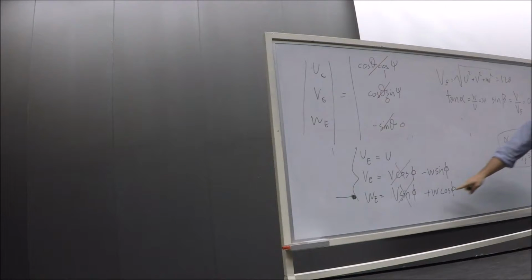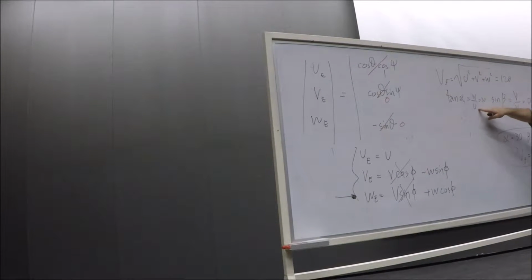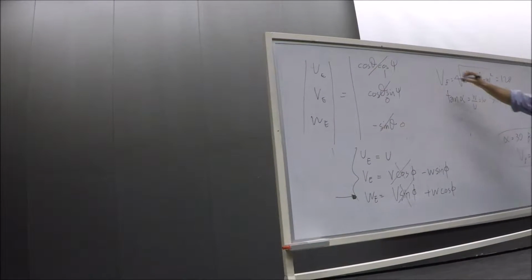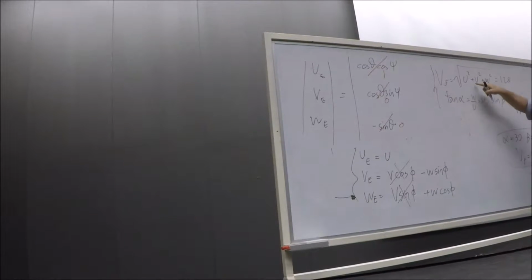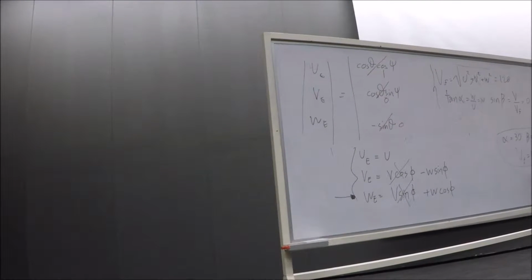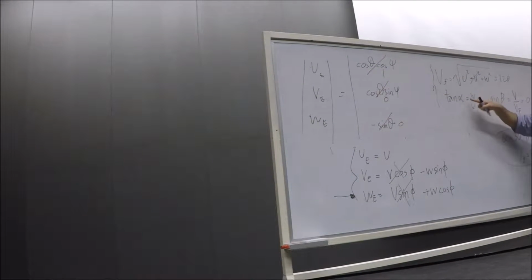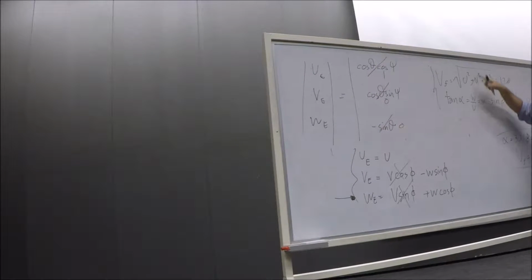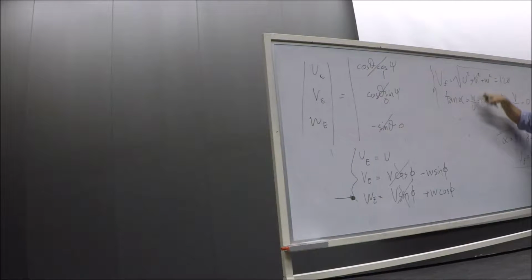So I need to find W, which I can find from this equation here, but before that I need to find U. So I have these two equations. One, the airspeed squared is equal to U squared plus V squared plus W squared. We can take V away because we know it's 0. And then we have tan alpha is equal to W over U. Okay, so we have a system of two unknowns, U and W, and two equations.